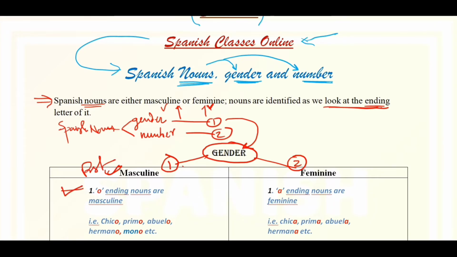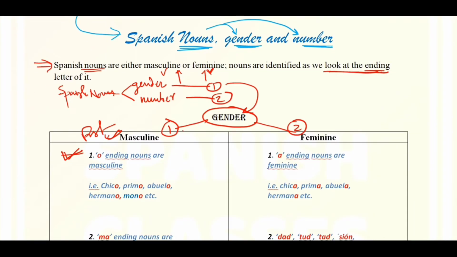First, we'll start with masculine. Point 1. If we look at any noun ending with O, then those words are masculine in nature.